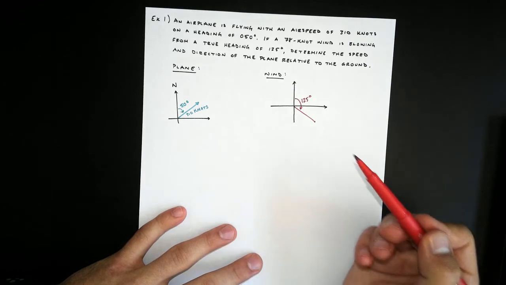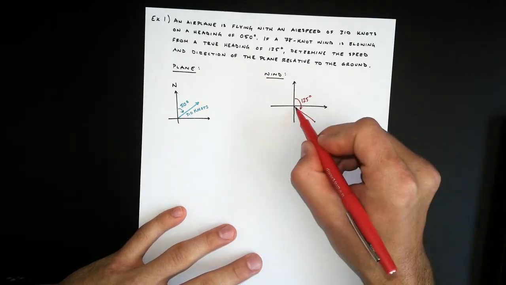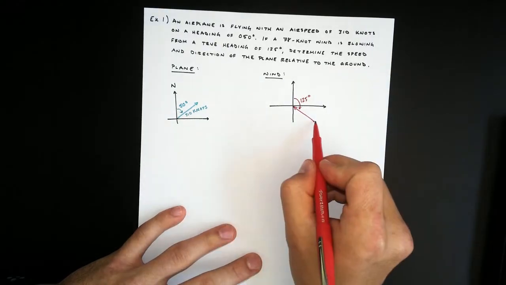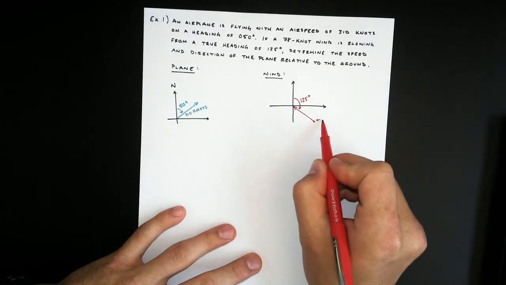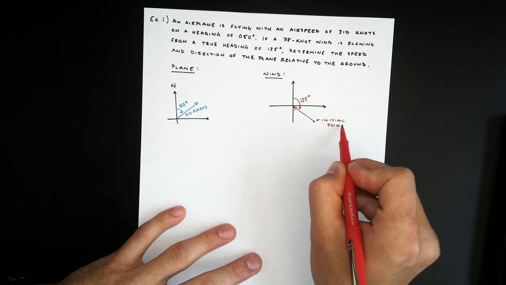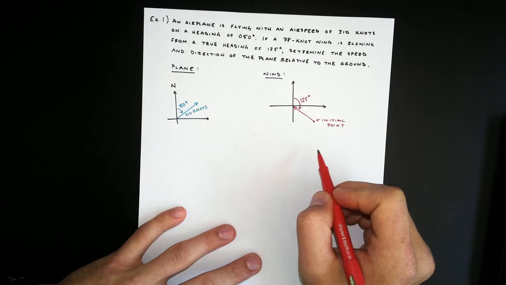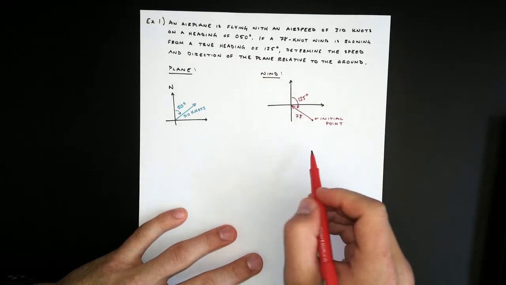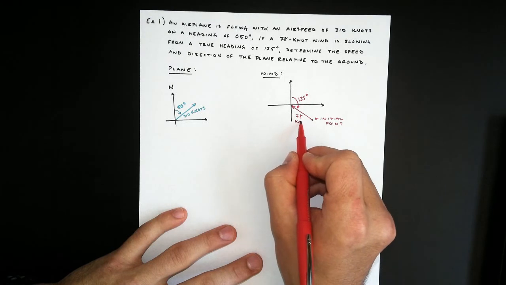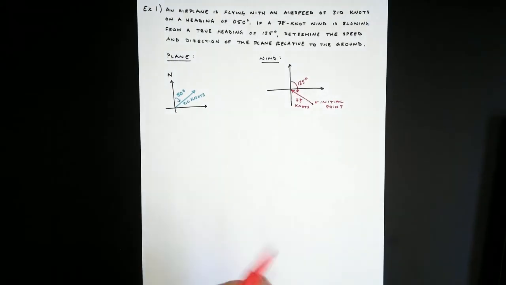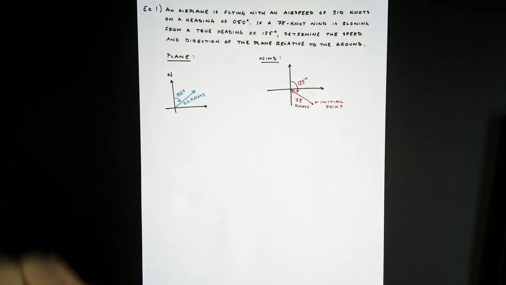My wind is actually heading from that direction. So instead, my vector, I'm going to point it towards the origin. So this is the initial point for the wind. 78 knots, so this has a magnitude of 78, so that's how long this one is. Okay, so now we have a vector to represent each of these.